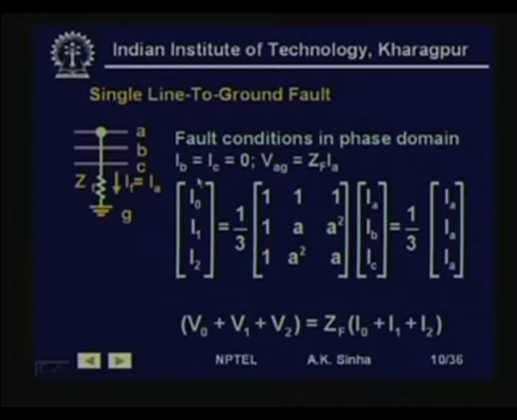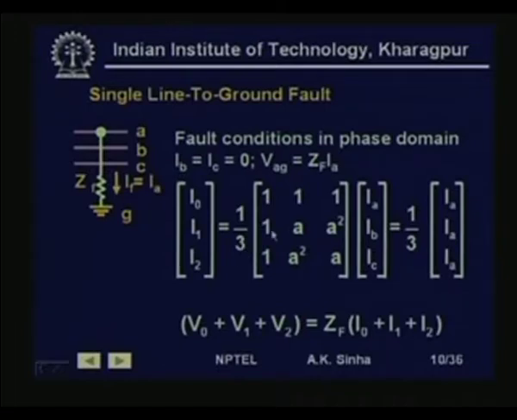Of course, here for this single line to ground fault condition, we have IB equal to IC equal to 0. So, these two currents IB and IC are 0. So, if we now do this matrix multiplication, we will get this as equal to 1 by 3 IA, that is 1 by 3 times, 1 into IA plus 1 into 0 plus 1 into 0. So, this makes it 1 by 3 IA.